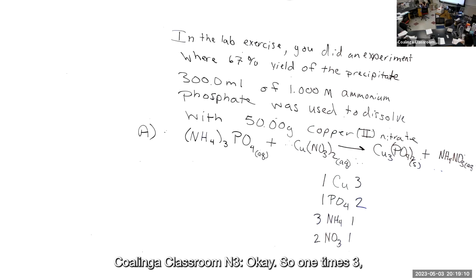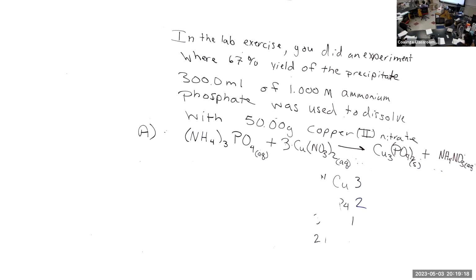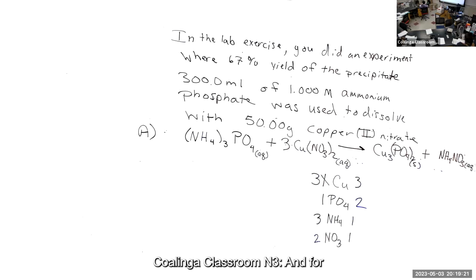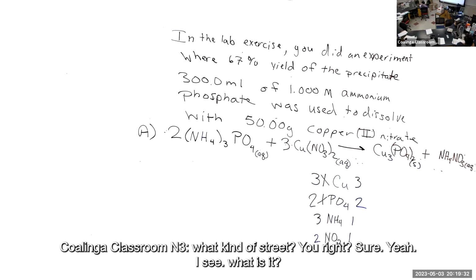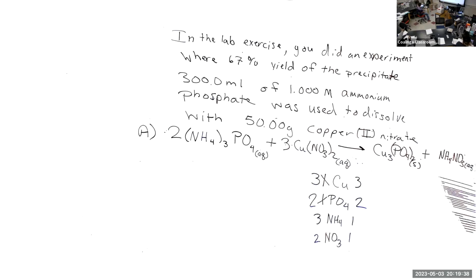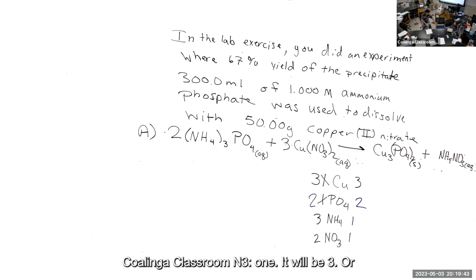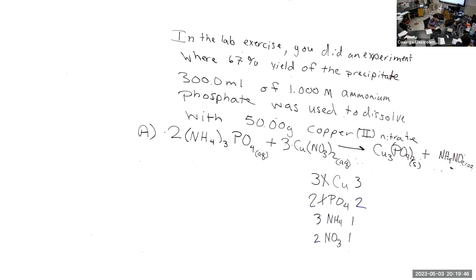Okay. So for the copper, 1 times 3, so 3 on that side. And then for the phosphate, 1 times 2. 1 times 3 again, right? On the nitrate, what is that right there? Ammonium. So you need 3 on this. This is one full package. But you see how it's a 3 and then a 1 right there?